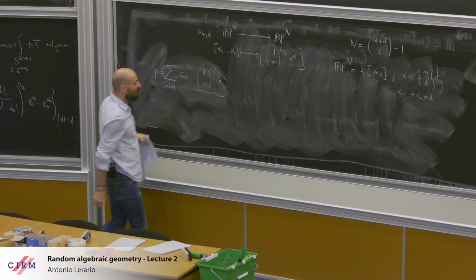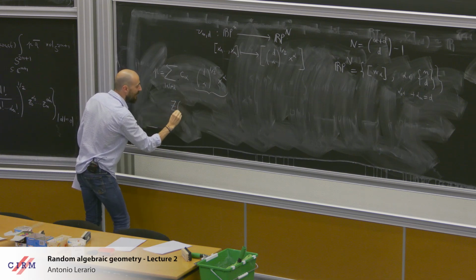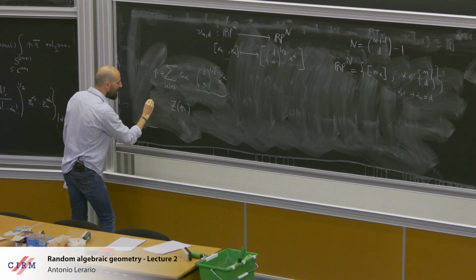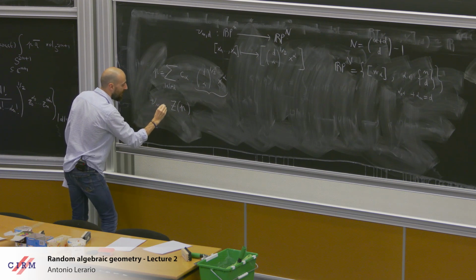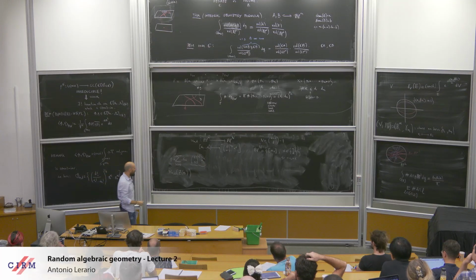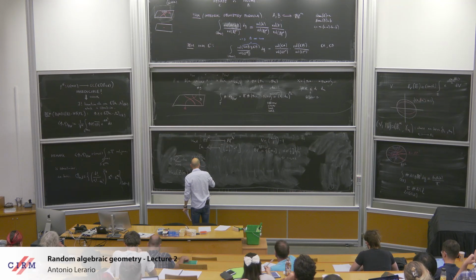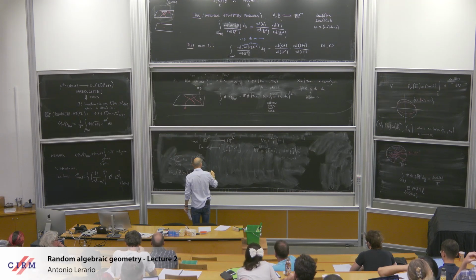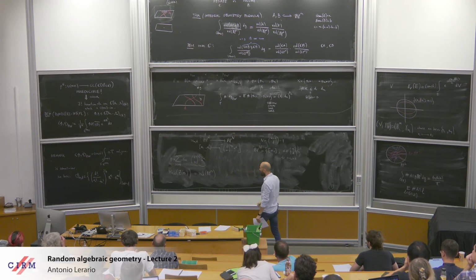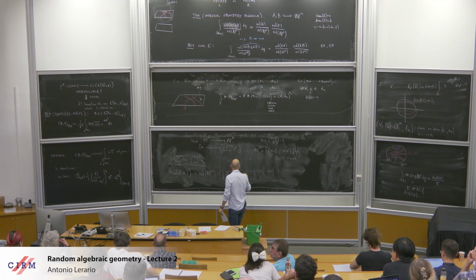It doesn't matter. What is good about the Veronese embedding is the following: if you take the zero set of your polynomial and map it through the Veronese embedding into this big projective space, what you get is precisely the image of RPn, the so-called Veronese surface, intersected with the linear hyperplane given by the sum of c alpha w alpha equals 0.